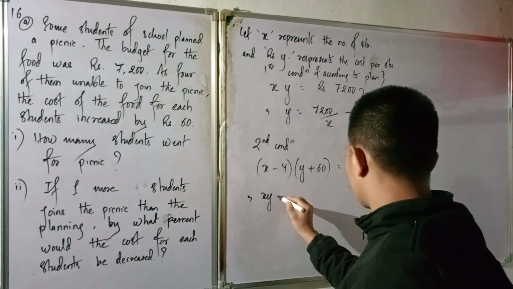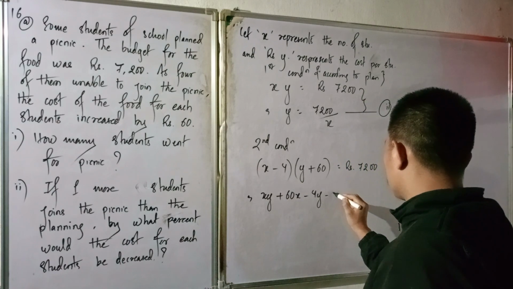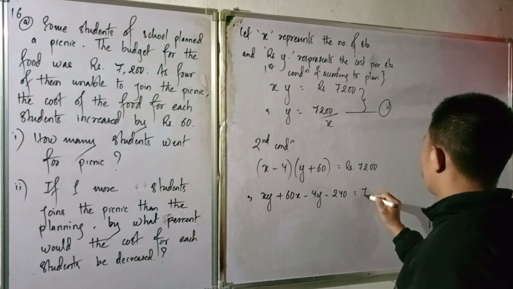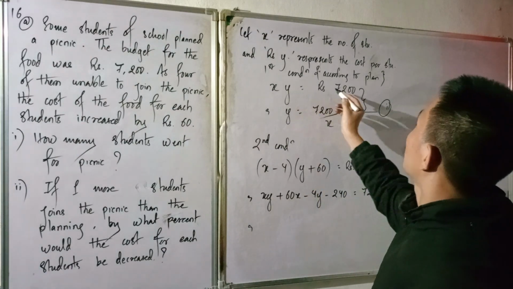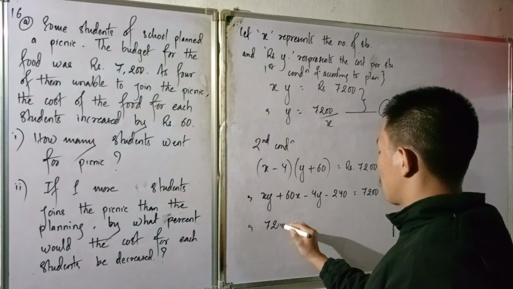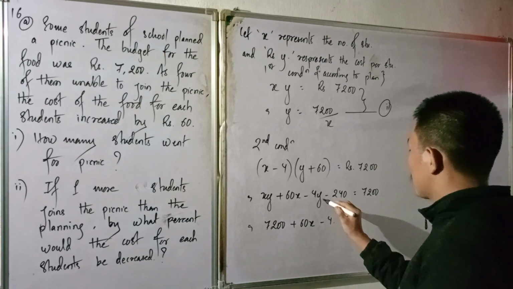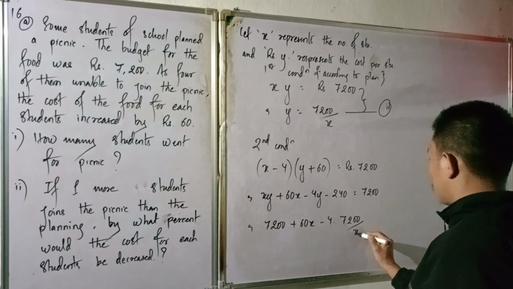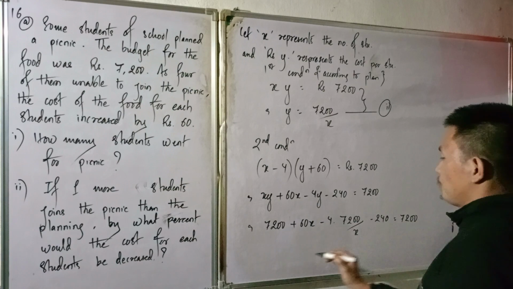Now this is XY plus 60X minus 4Y minus 240 equals 7200. Now replace the value of XY by 7200, plus 60X minus 4 times Y, and Y can be replaced by 7200 by X, minus 240 equals 7200.